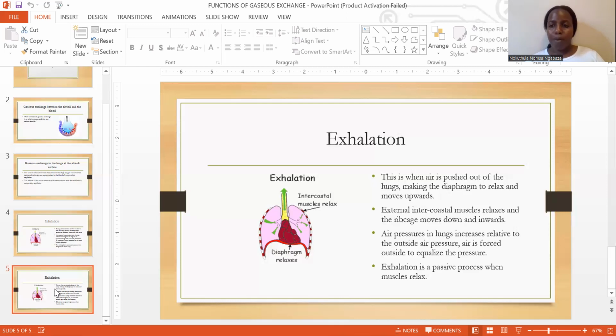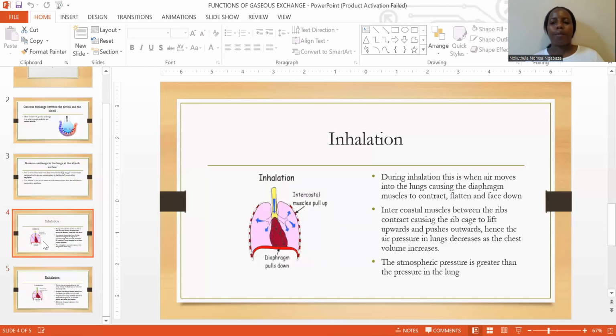You look for a small balloon, and then you look up on a textbook, and then you're going to find an experiment which is going to help you understand the process of inhalation and exhalation. So if you don't have those materials at home, don't worry, because this is a practical that you are here to do at school so that it can give you a better understanding of how the process of inhalation and exhalation actually occurs.